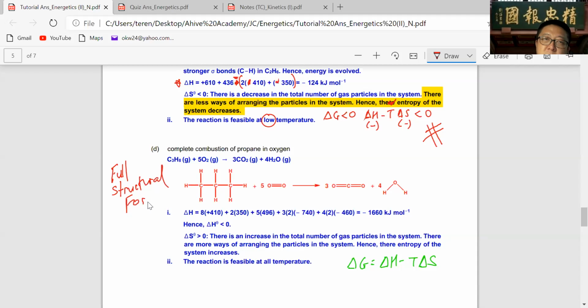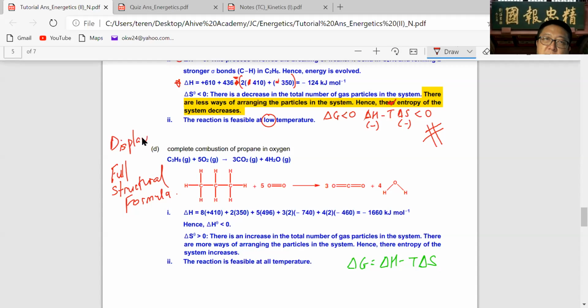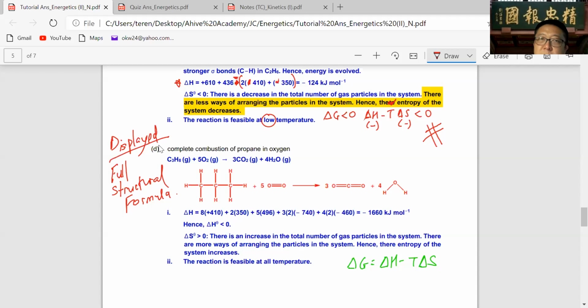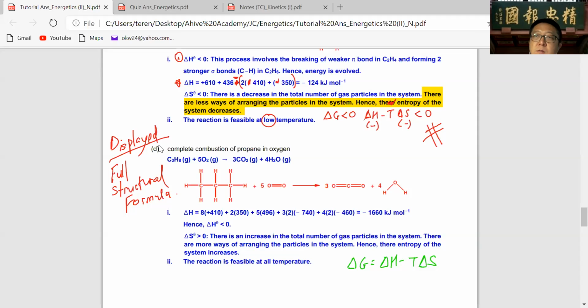In your exam you must watch out for this, or they call it the displayed formula. Can you write down by the side, displayed formula? These are the two terms they will ask. Whether it's full structural formula or displayed formula, you have to show every single bond. So you must write like that. Watch very carefully.